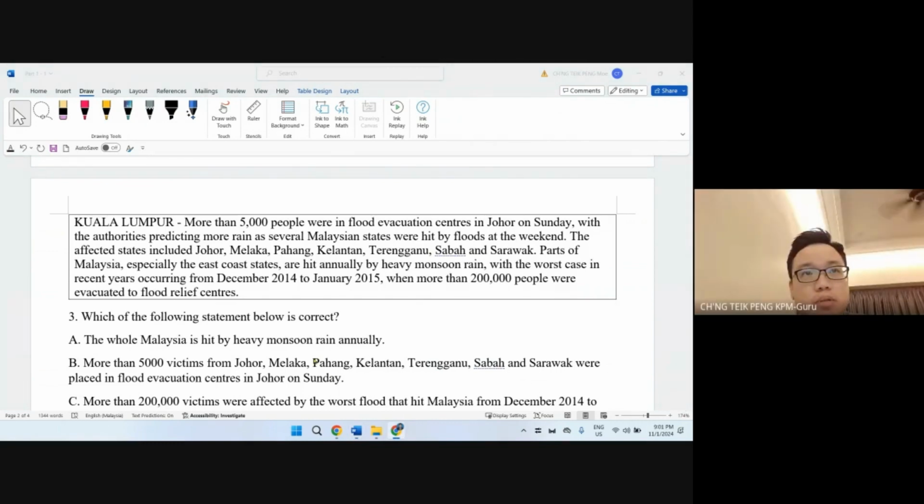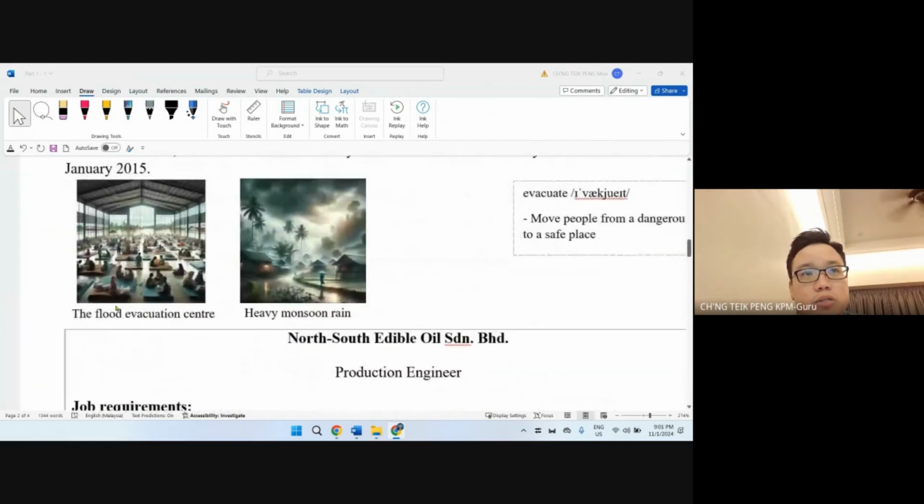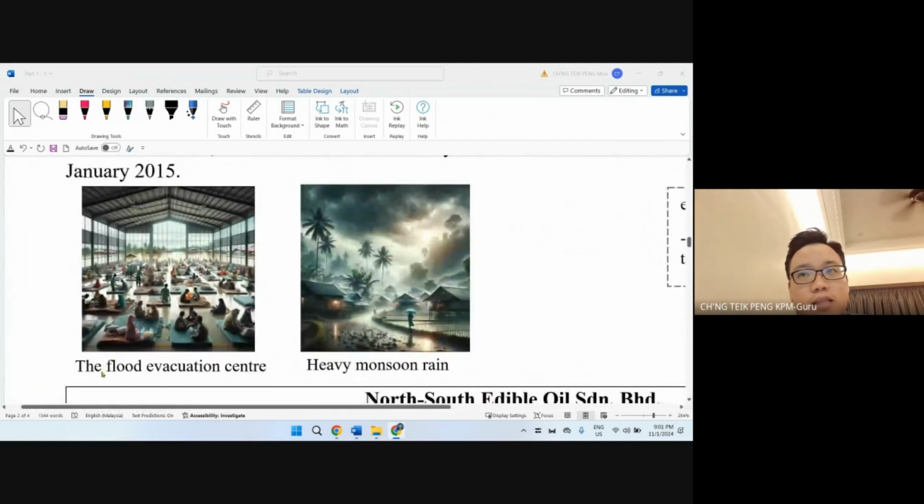Okay, very good. So before I explain the text to you, let's look at the pictures here. So the flood evacuation center. It's the place where we house all the victims when they have lost their homes to flood. Their village is flooded, they lost their homes, so where do they go?